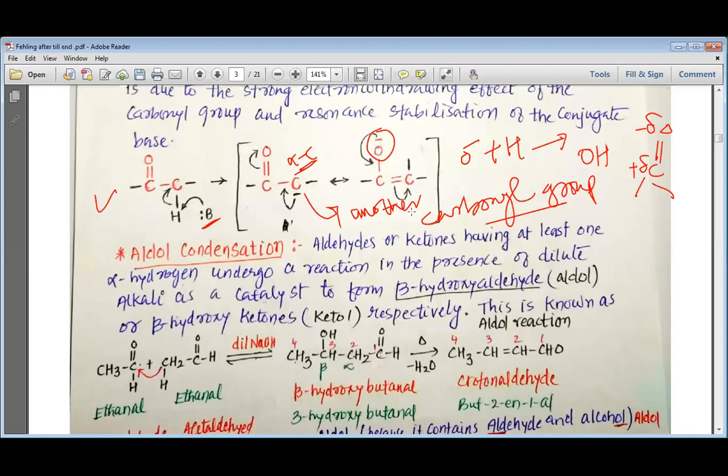And this is how from a carbonyl compound we get an aldol product. This aldol product is the product that contains both the aldehyde as well as the alcohol group, that is the hydroxyl group, present in it. And this is how, my dear students, the reaction moves on.